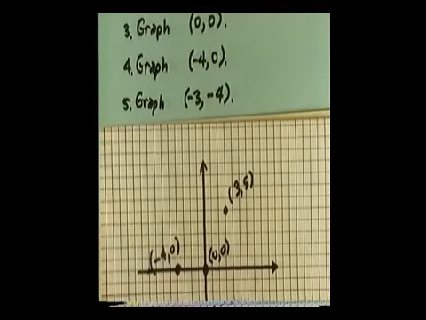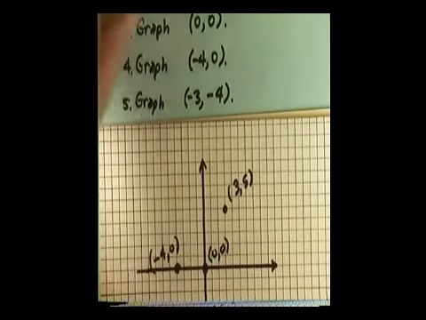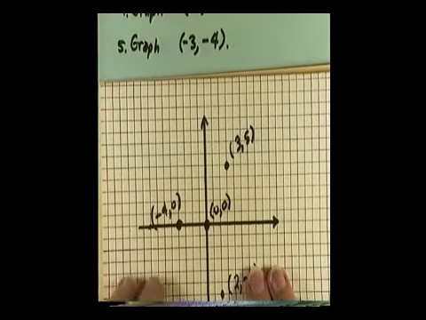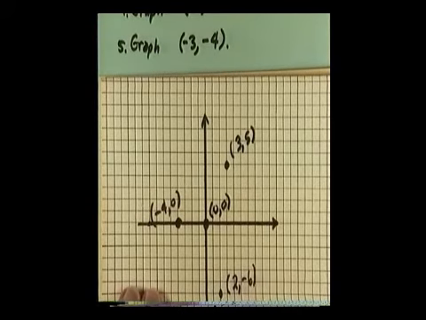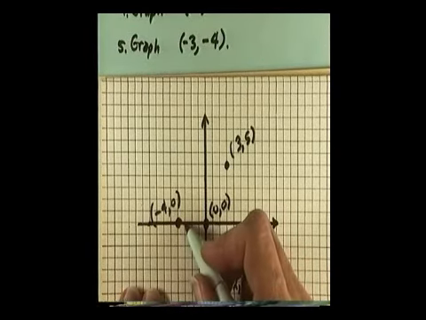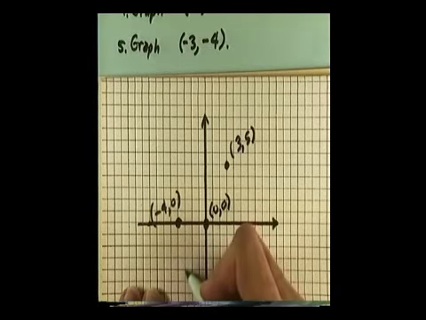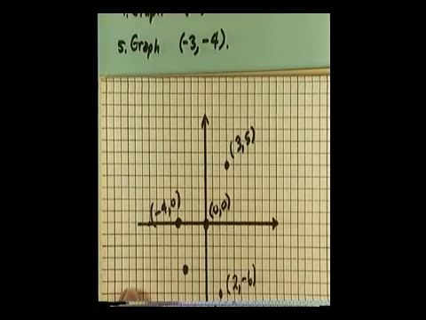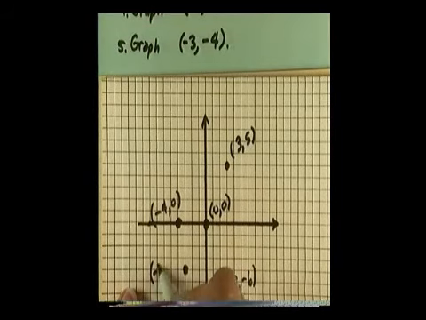And last, negative 3, negative 4. Starting at the origin, we count 3 to the left, negative 3, and 4 down, 1, 2, 3, 4. So there's the point negative 3, negative 4.